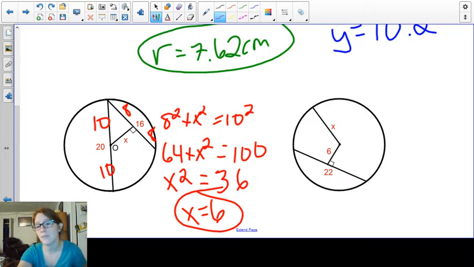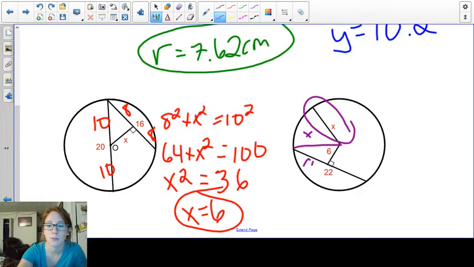Now, this one looks a little tricky, but isn't this just essentially a radius? Isn't that purple line also another radius? So couldn't I say that that purple line I drew in is just x? And if this whole big thing down here at the bottom is 22, this has to be 11.